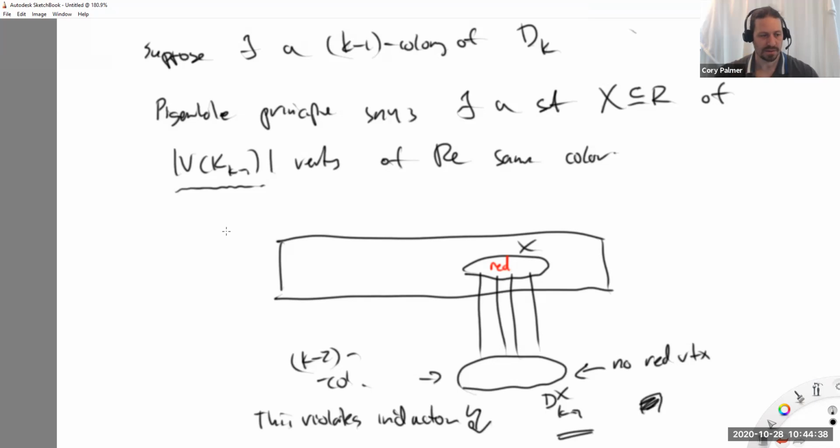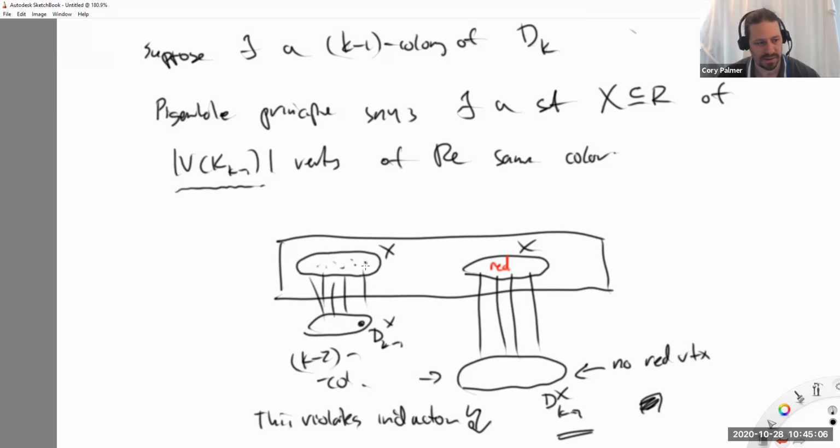So Pigeonhole gave us a set above that was as big as one of these D_k's and guaranteed that it used up that color there. Notice though, without the fact that these were all red, you don't get an immediate contradiction. Imagine I just grabbed an ordinary X here and there was some mix of colors. And then I looked at the D_{k-1} corresponding to that X. This matching doesn't say you can't use red. It just says it's a little bit harder to color.